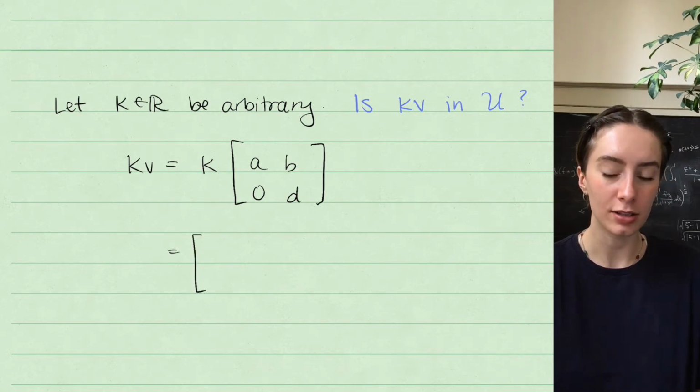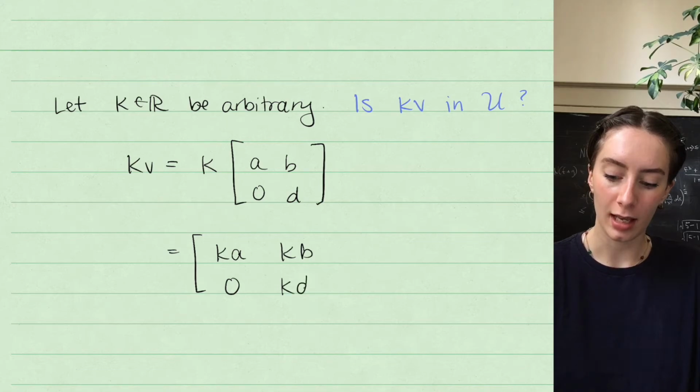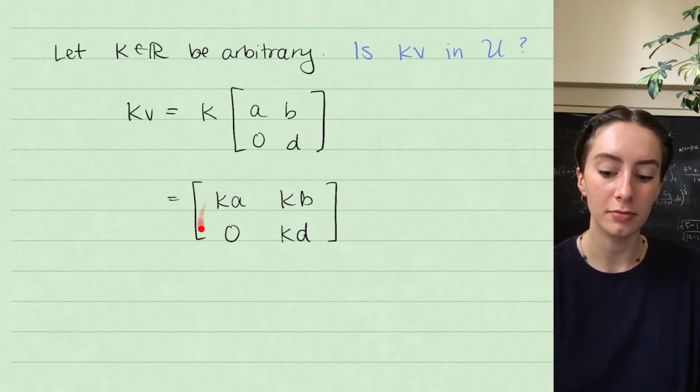So this is actually just the same thing as KA, KB, 0, because K times 0 is 0, and then KD. Okay, so here's our new element K times V.